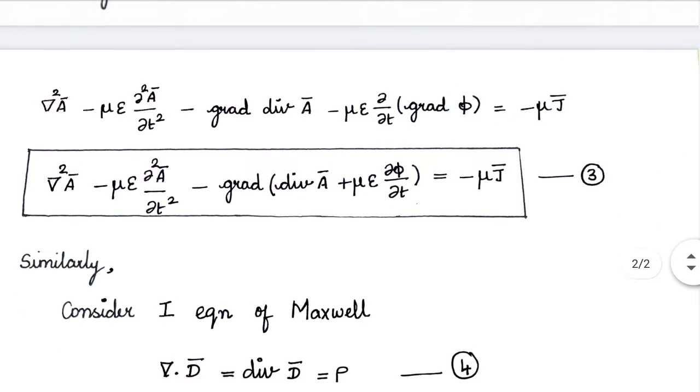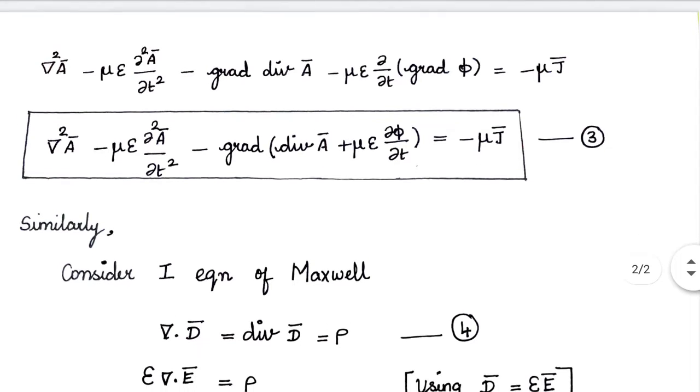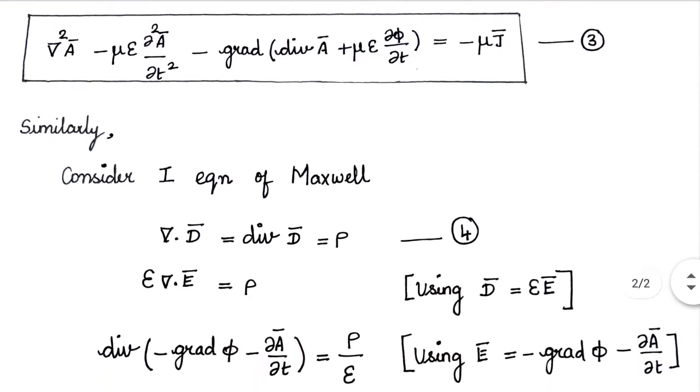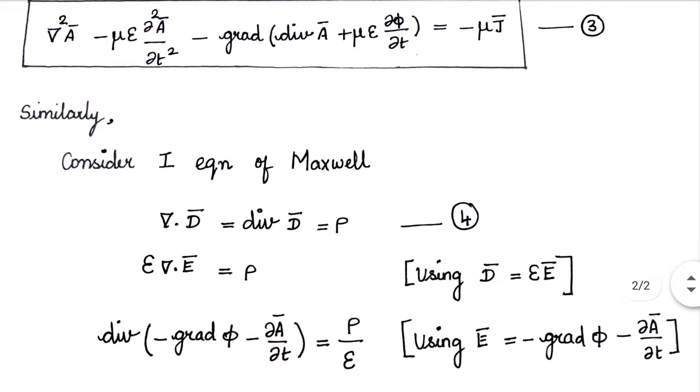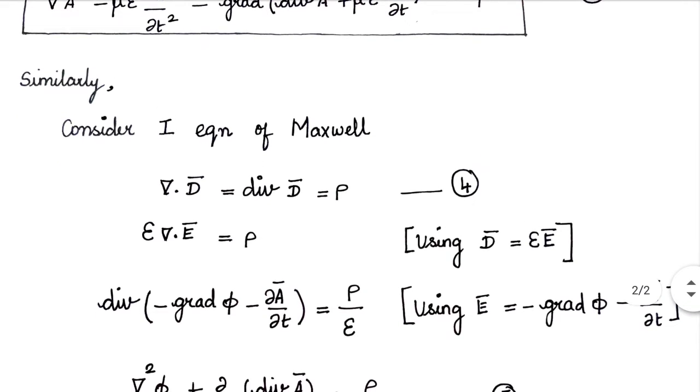Okay, now we have got one field equation in terms of the vector potential A. Again we are going to get another field equation in terms of the scalar potential phi. So for this we start with Maxwell's first equation, which we are more familiar with. Del dot D vector is equal to rho, that is div D equal to rho.